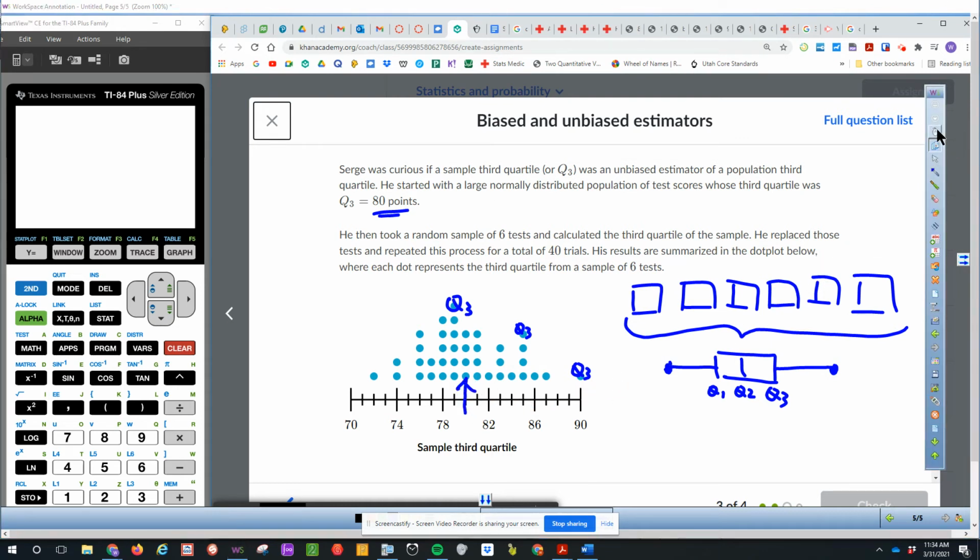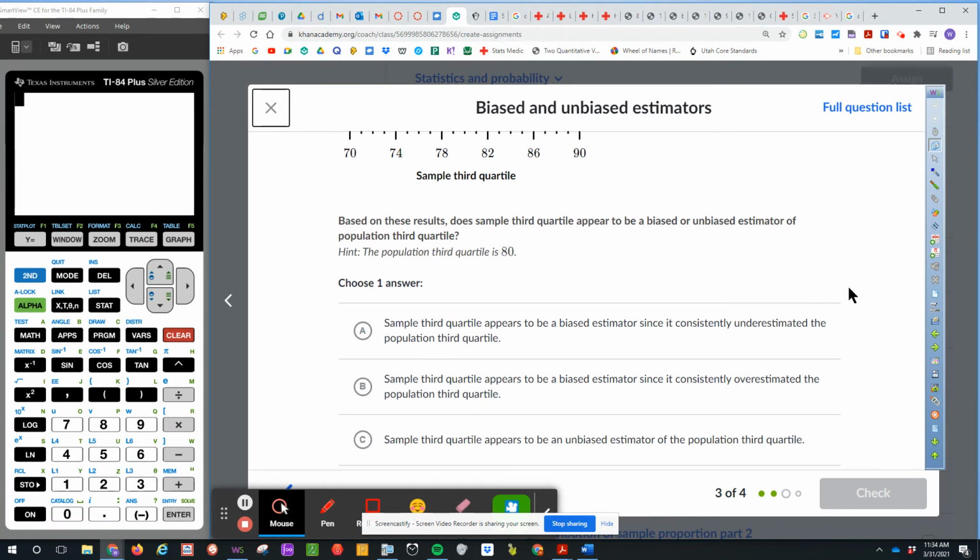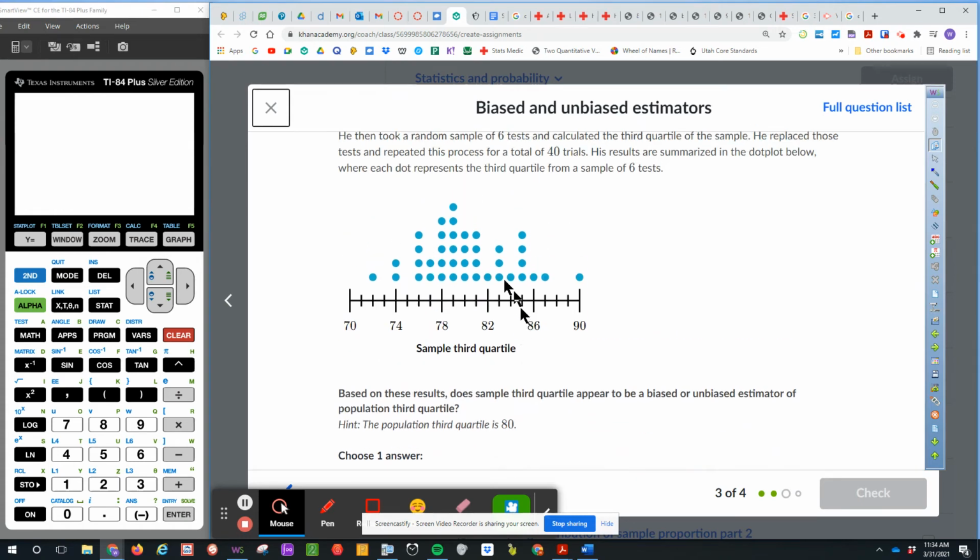Okay, see what the question is asking then. Based on these results, does the sample third quartile appear to be a biased or unbiased estimator of the population third quartile?